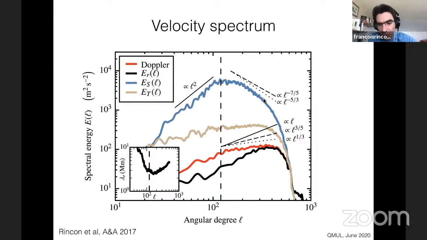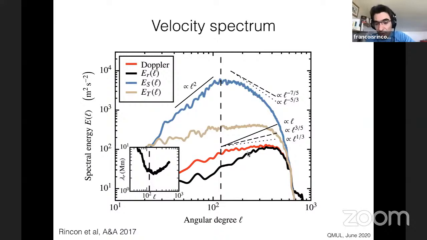One point here is that the cutoff in the energy here is due to the algorithmic procedure that we have to use to compute the horizontal flow, because I told you we need to average, to coarse-grain everything at 2,500 kilometers. So this is not the cutoff in the actual dynamics at the surface of the sun. Everything continues below, right? It's just that we cannot catch that with our observational techniques.